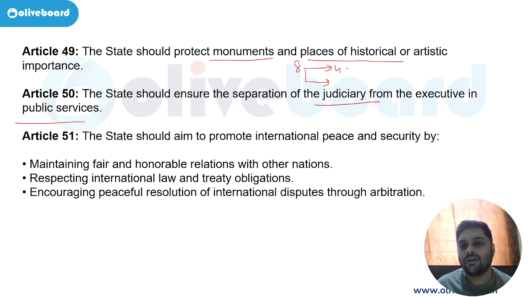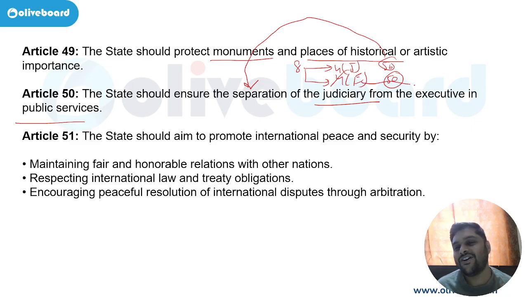He gave 4 to J and 4 to E. See how he distributed? 50-50, right? Article 50 deals with separation of powers. Now, J was judiciary and E was executive. That's why I told you J and E. Correct? 4, 4 he gave, that is Article 44. Then he has divided 50-50, right? 50% of 8 is 4.